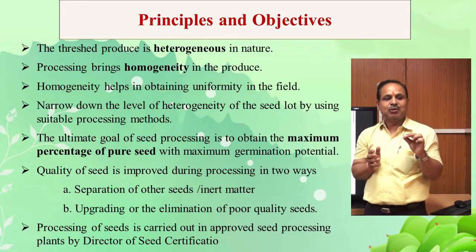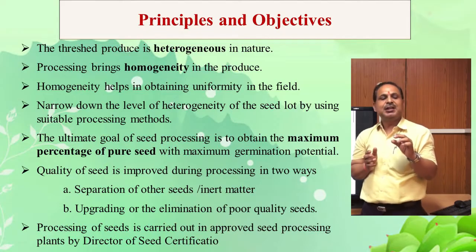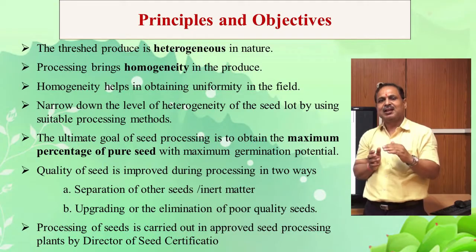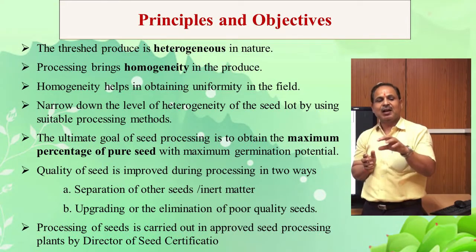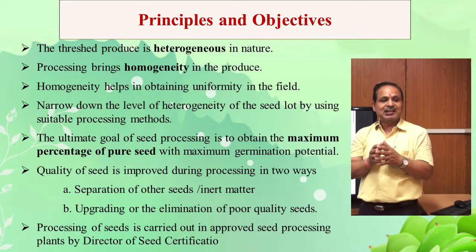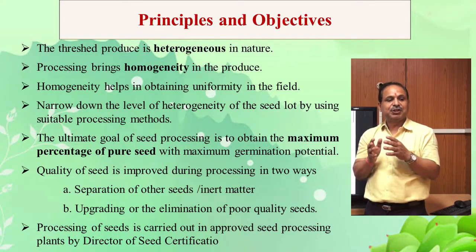It also narrows down the level of heterogeneity of the seed lot by using suitable processing methods. There are different methods during the entire process of seed processing through which we can narrow down the heterogeneity of the seed lots.